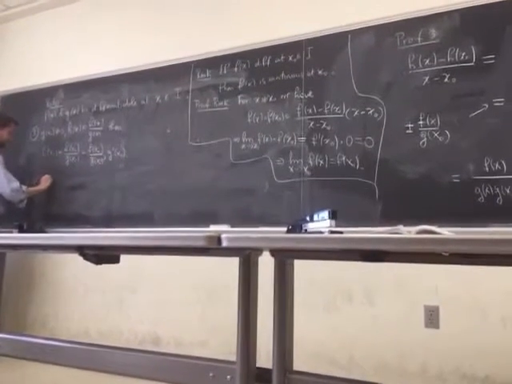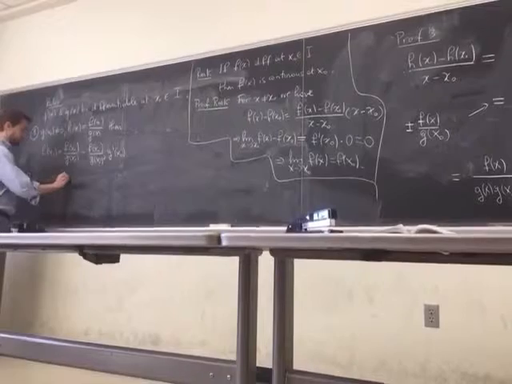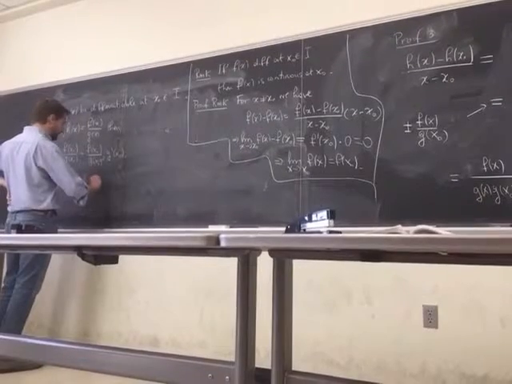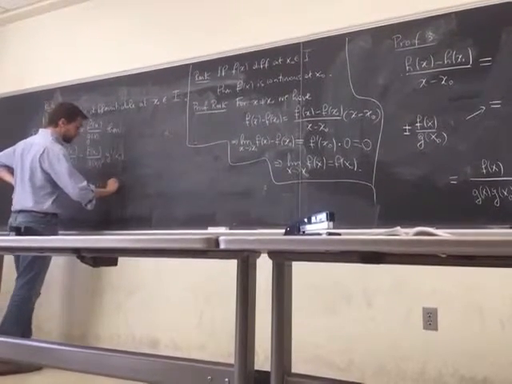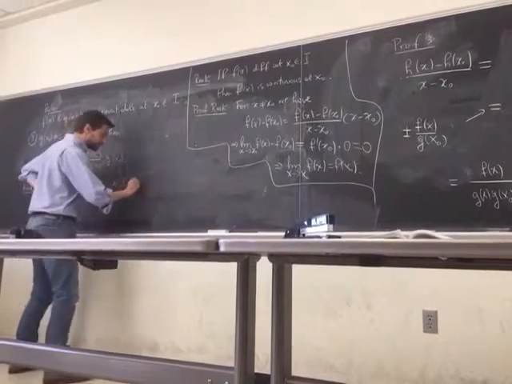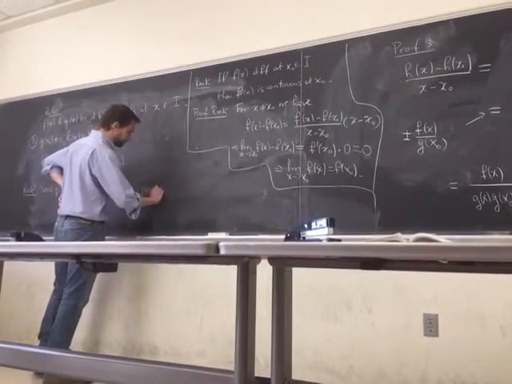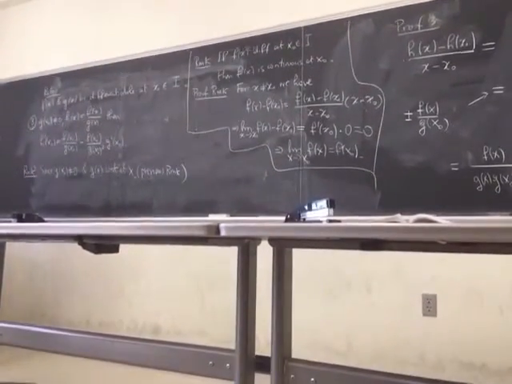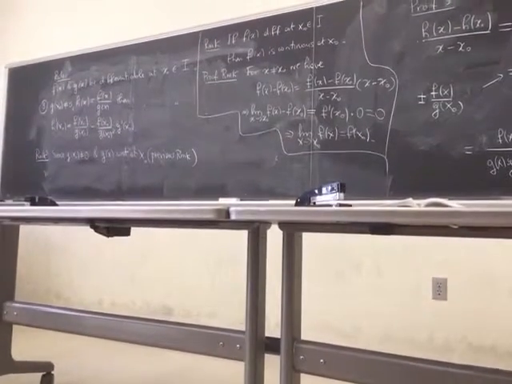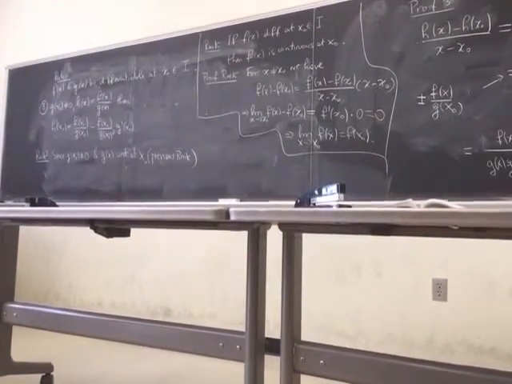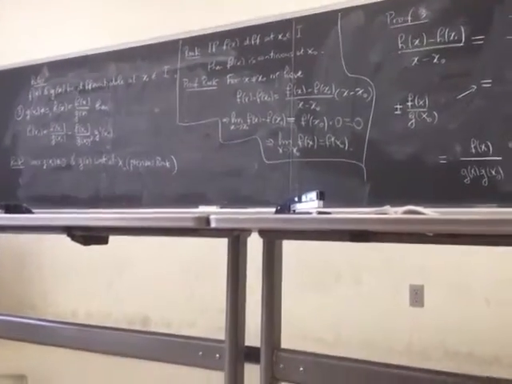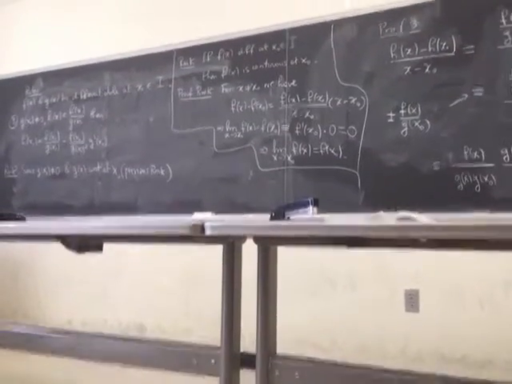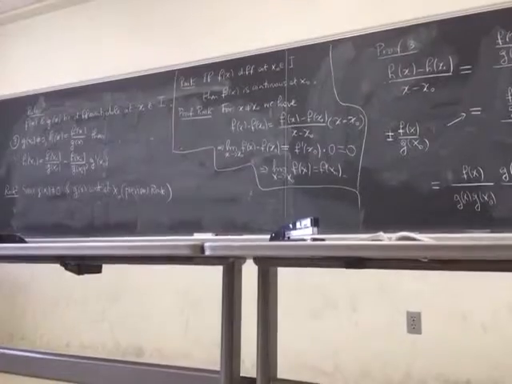Since g of x naught is different from 0, and g of x is continuous at x naught, that's my previous remark: since g is differentiable at x naught, then g is continuous at x naught. Now, the function g is different from 0 at x naught and it's continuous there. So can you take the value 0 anywhere close to x naught?